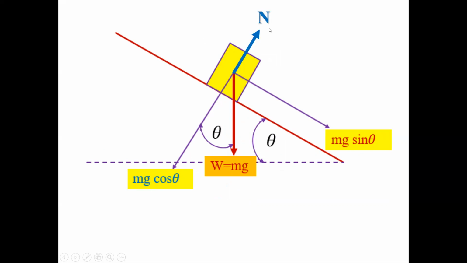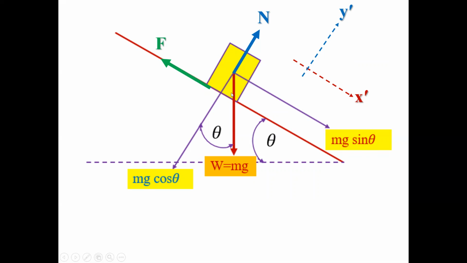Now, the normal force works upward from the plane, perpendicular to the plane, and the friction force is opposite the motion. Say there is no external force here, only the component of mg will work towards right, downward.